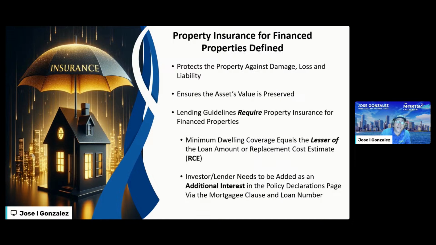Please note that the minimum dwelling coverage amount is always going to have to equal the lesser of, notice I say the lesser of, the loan amount or the replacement cost of the structure. You're insuring the structure, not the structure plus the land.